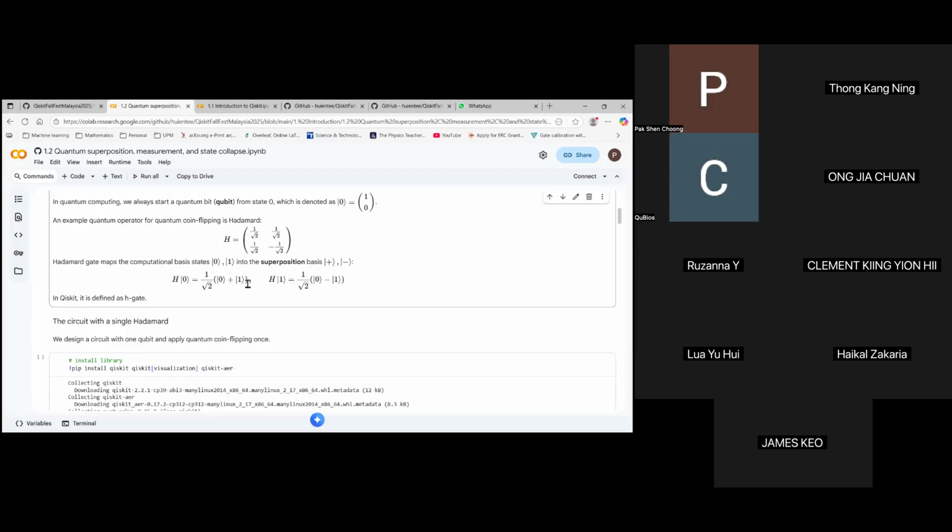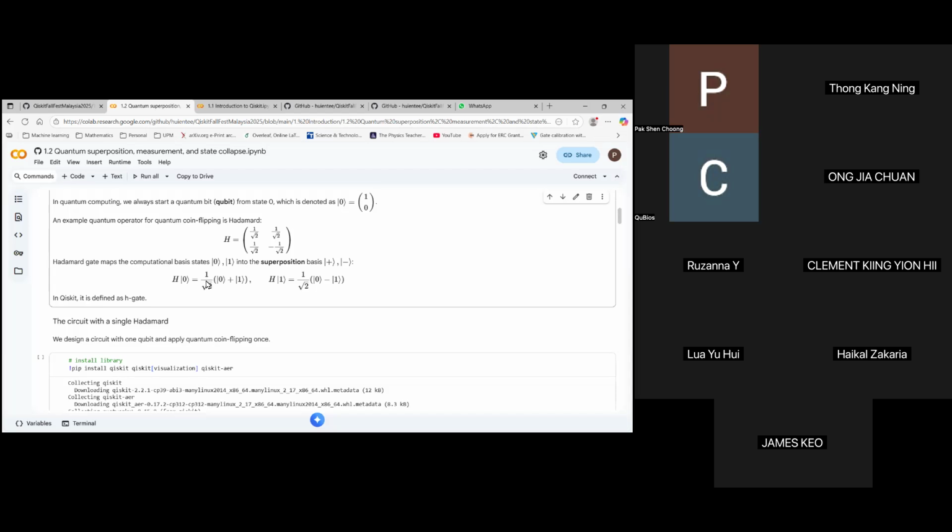In computer language, we just have a 0 bit or just a 1 bit. That's only one, no overlap or superposition state. But in quantum computing, the qubit has both states after this operator is applied.